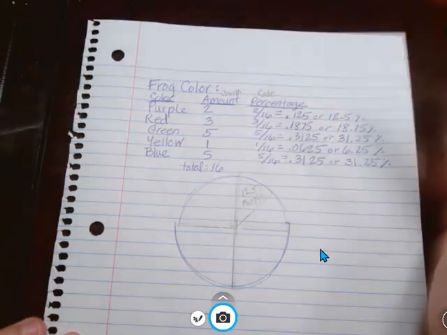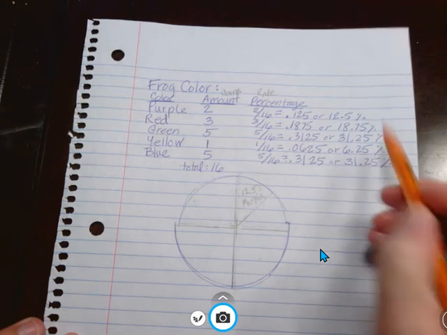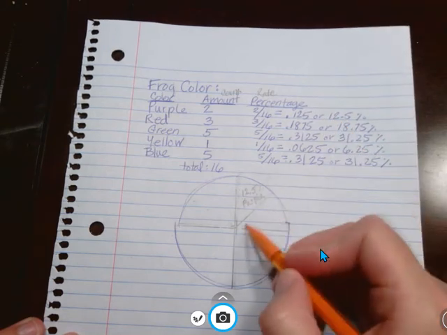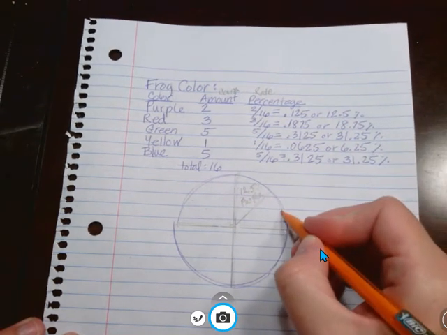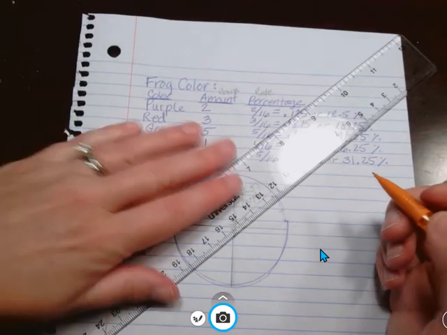All right. I also have a 6.25%, and I know that that is half of 12.5%. So half of this piece here, that should give me my 6.25%.